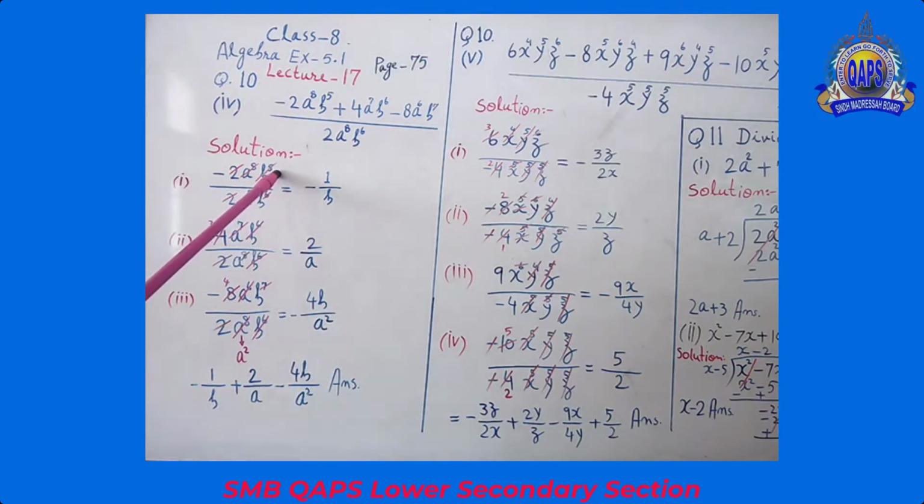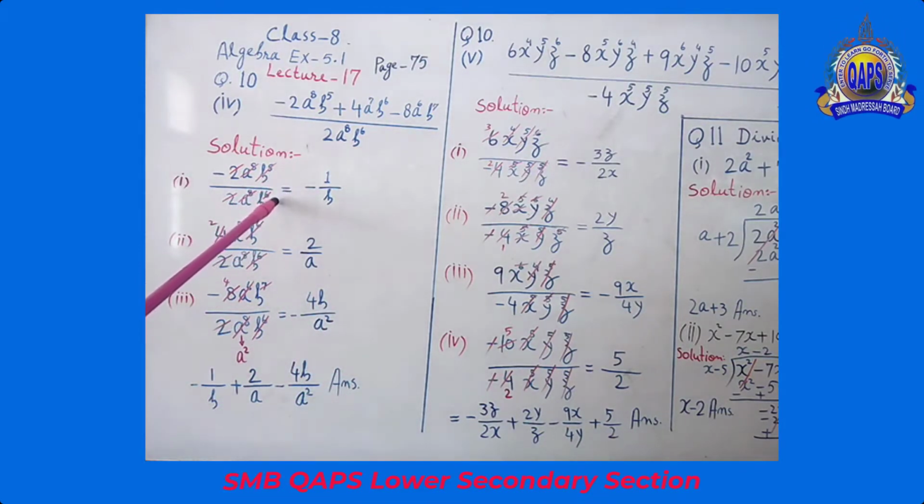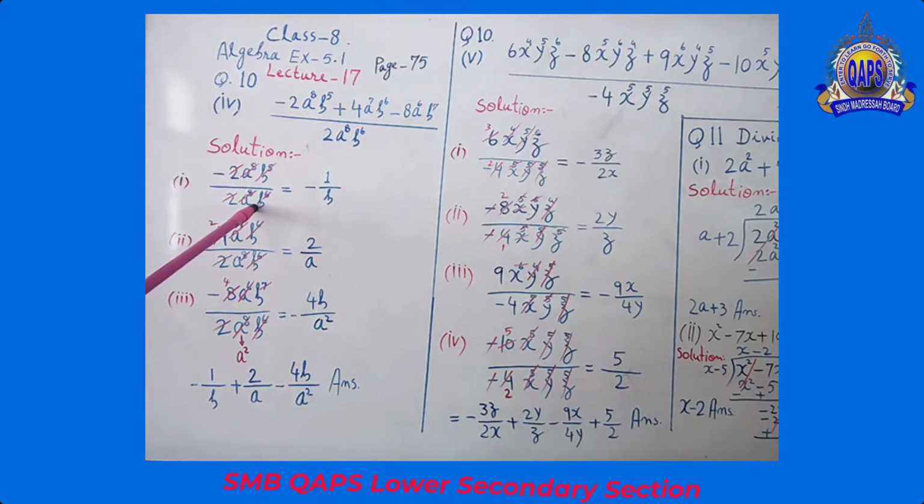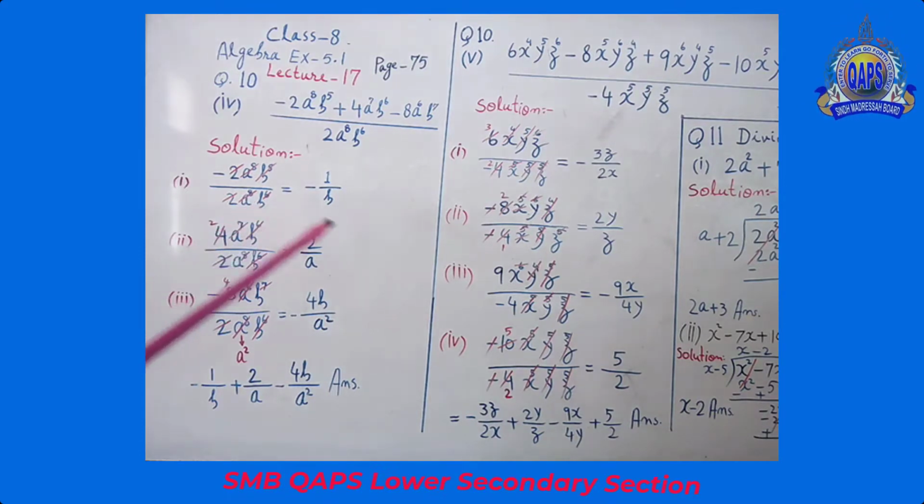See, b^5 will be cancelled. This is b^6. So b will be left. So the answer will be minus 1.